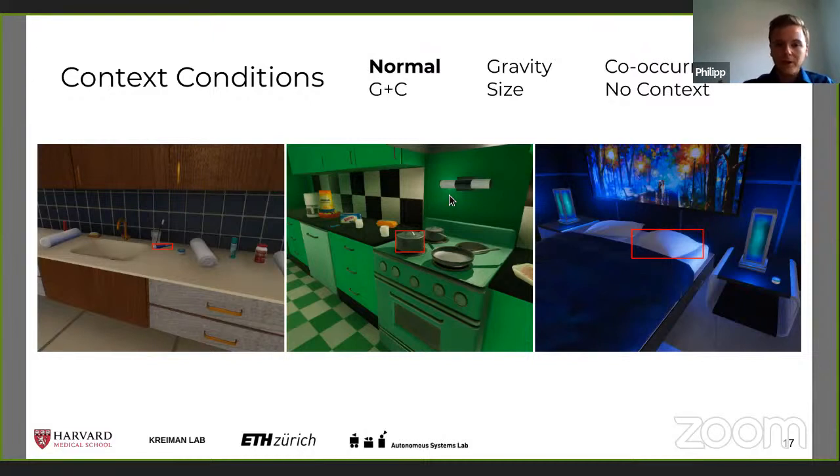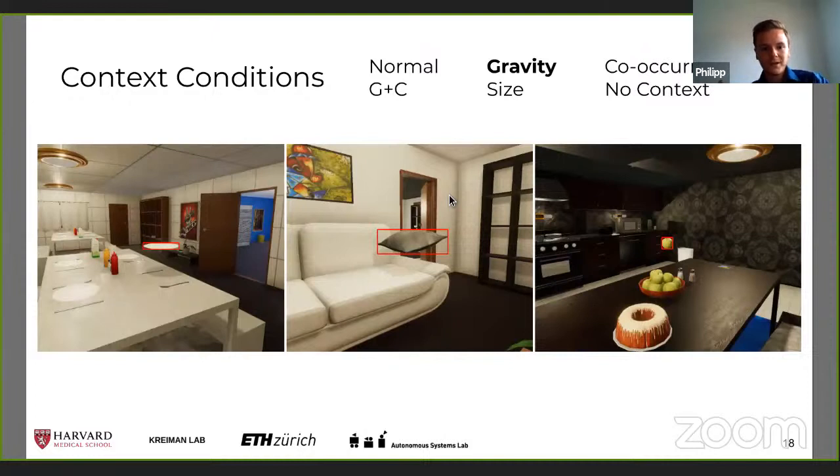We have all the objects in their typical positions, the normal sizes, everything is as you would expect it. If we now go to the gravity experiment, you can see that we lifted up the objects, the target objects. And therefore, if you think back to the relations in the beginning, we are playing with this support relation.